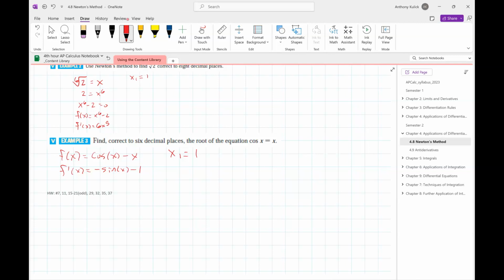So 1 feels okay to me, and 0 is probably going to be fine. Pi maybe is going the wrong direction; that might be too big. But this one should generally be between -1 and 1, because of cosine's range.